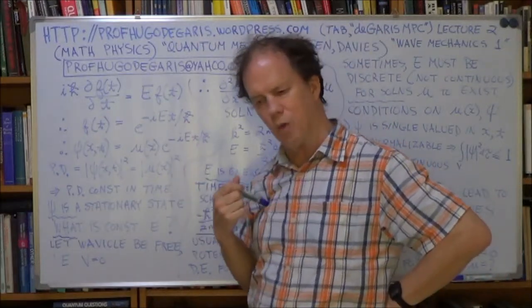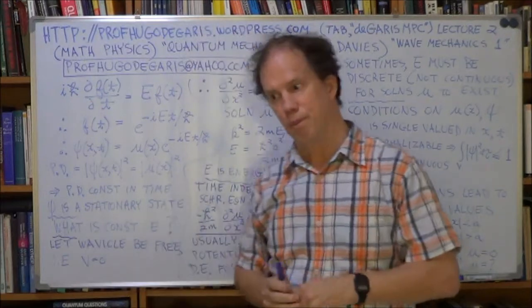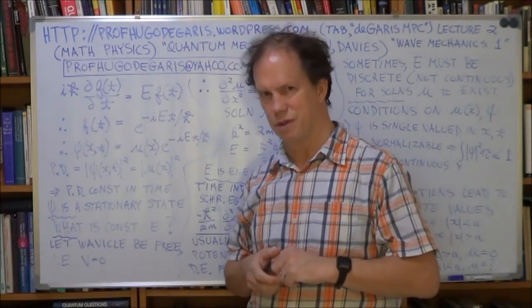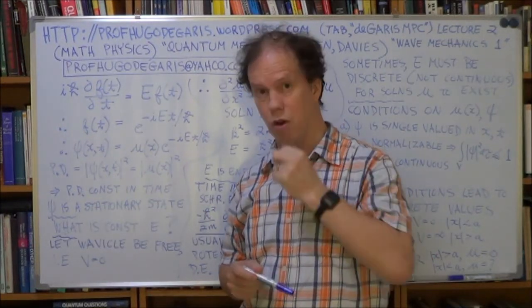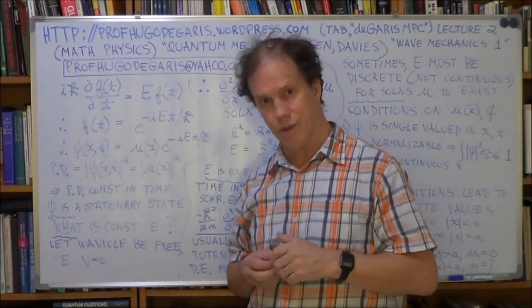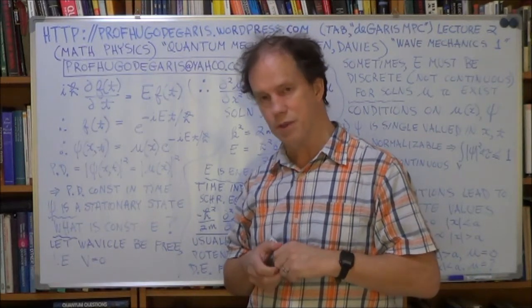By the way, wave mechanics, dealing with Schrödinger's equation, pretty well boils down to solving differential equations. And that, after all, was what Schrödinger was an expert in at the time when he created his famous equation, because that was his specialty.